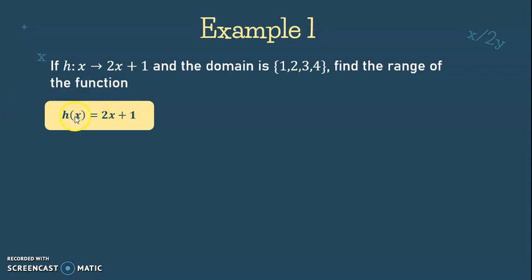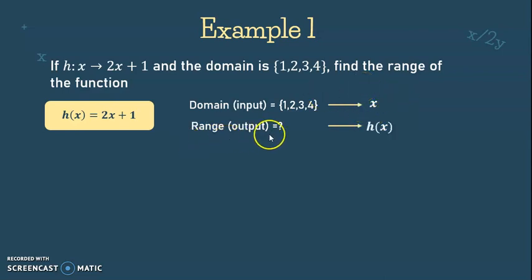In this case, I wrote down h of x is equal to 2x plus 1. You can also write down as like this. Okay, so the domain or the input value should be 1, 2, 3, and 4. That will be x value. The range or the output value, that is what we have to find, and that is the h of x, which is this one.